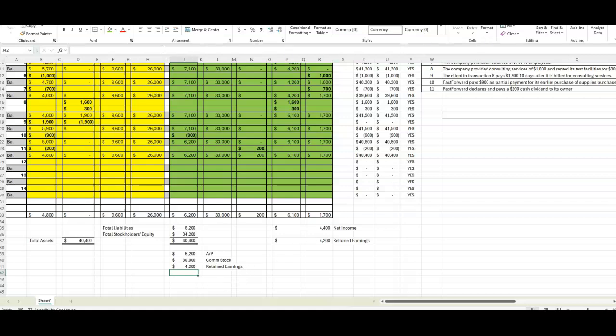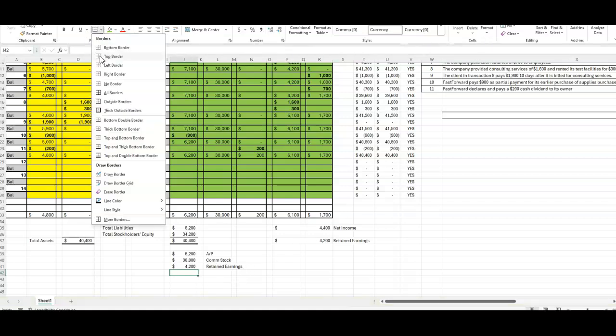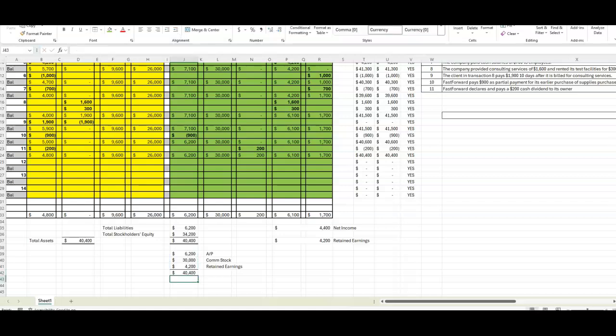And if you add those up again, $40,400. You don't need revenues, expenses, and dividends anymore because I've got it in retained earnings, and that is a permanent account.